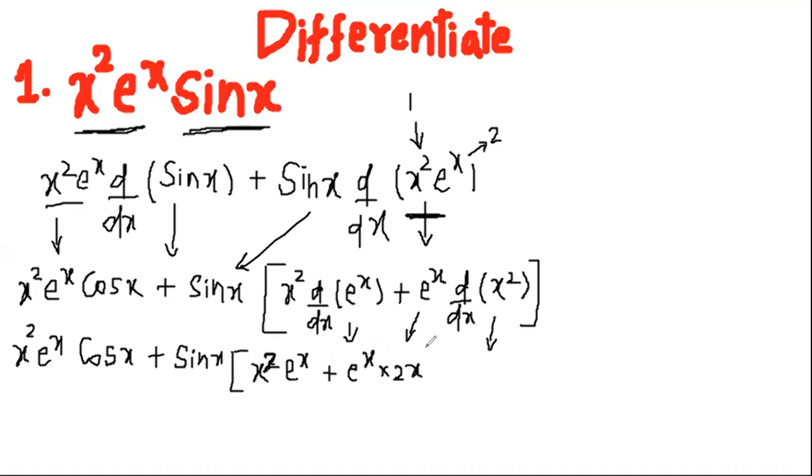So we have differentiated each and every term, each and every function. So you can rearrange it. So you can write x square e to the power x cos x plus, you can see that x and e to the power x is common, or you can multiply it.